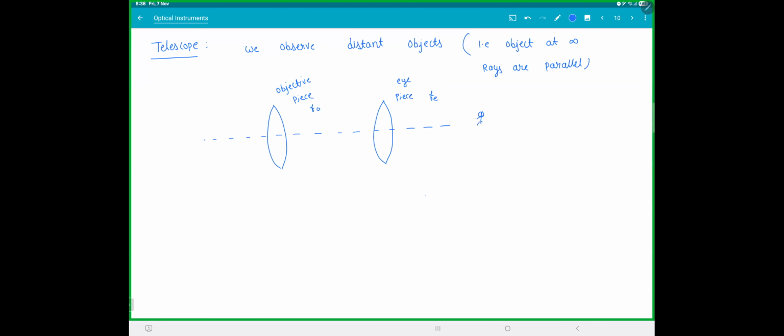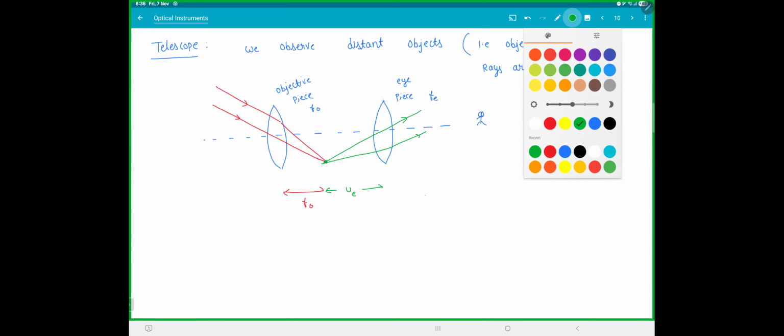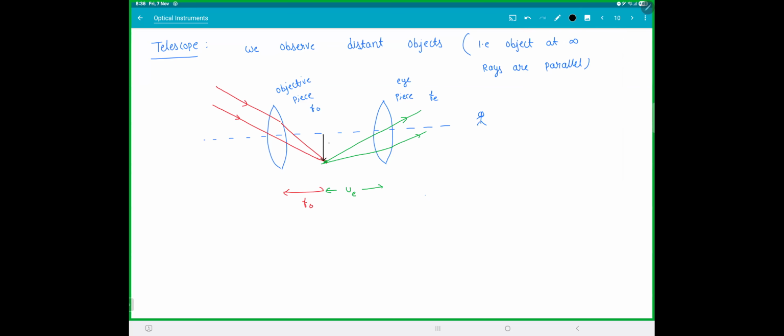Light rays are coming from infinity, so this distance will be F0. This will be UE, the distance of the object for the eyepiece. Here, this would be the image height. Now this image would have formed an angle alpha, but finally this person will think the light rays are coming at an angle beta.